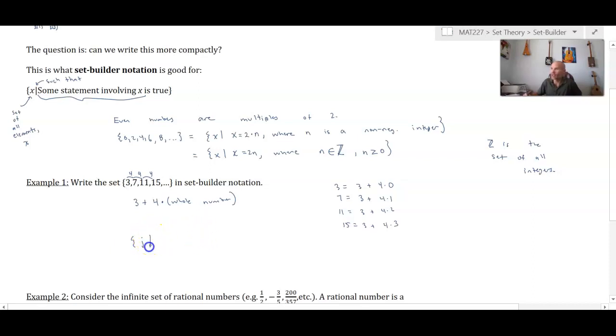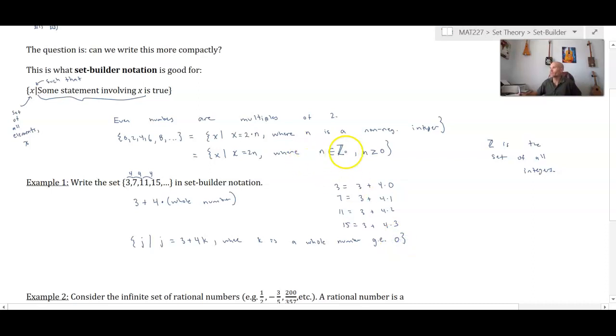Now, tell me about J, such that J is equal to 3 plus 4K, where K is a whole number greater than or equal to 0.